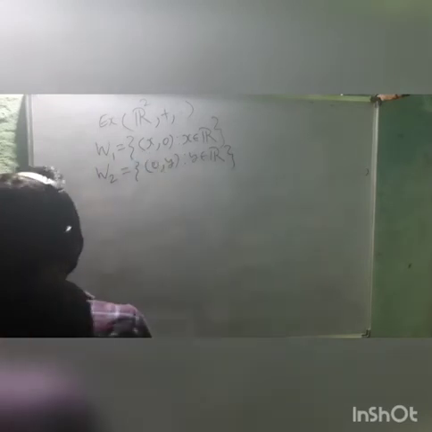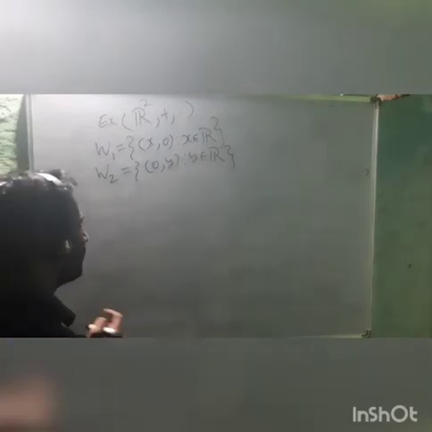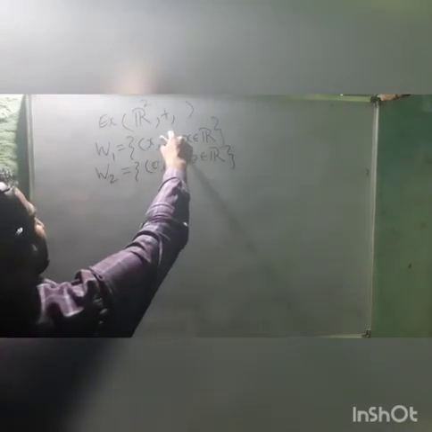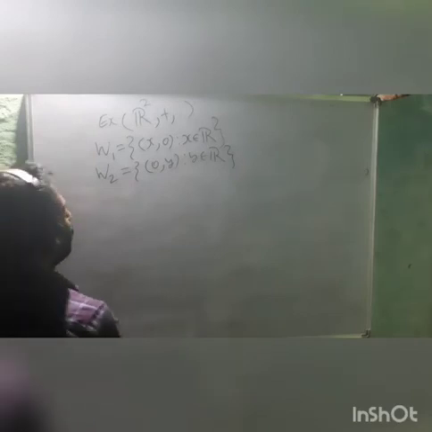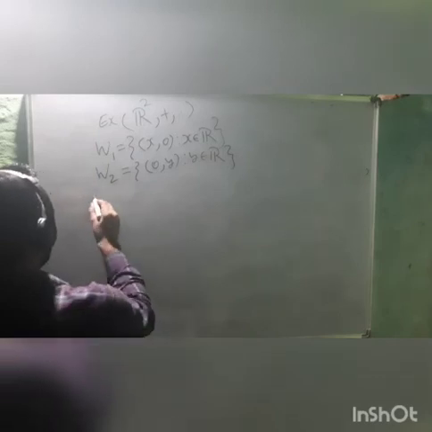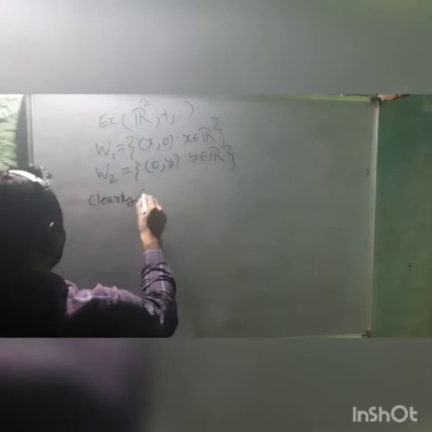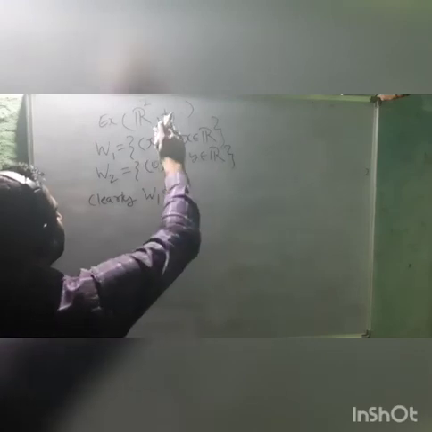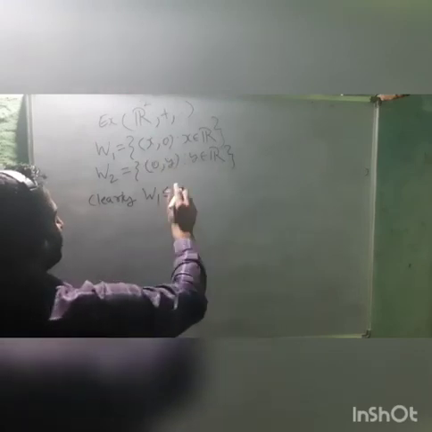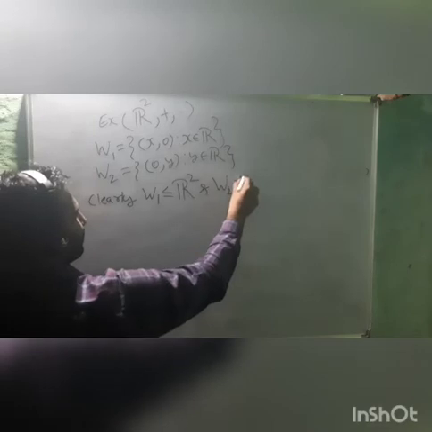So this is a subspace where the first component can be non-zero, and here the second component can be non-zero. Here the second component is always zero. Here we have fixed the first component to always be zero. Please verify at home, clearly W1 is a subspace of V, which is R2 here, and W2 is also a subspace of R2.